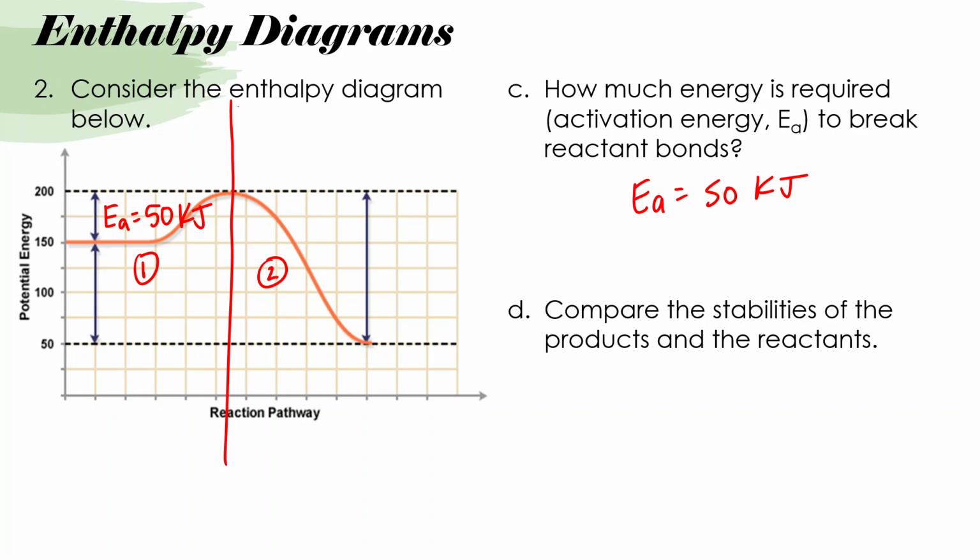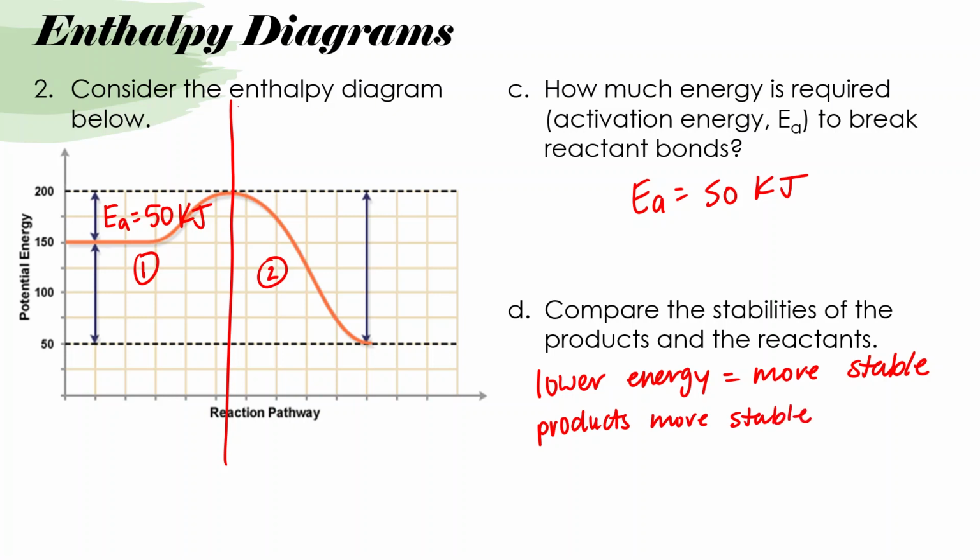Now compare the stability of the reactants and the products here. What we want to remember is that lower energy is more stable. So in this reaction, my products are more stable than my reactants.